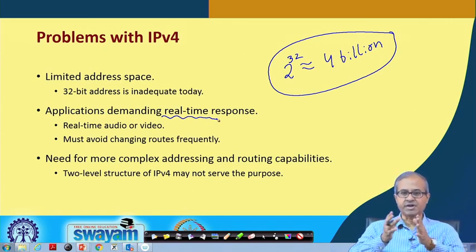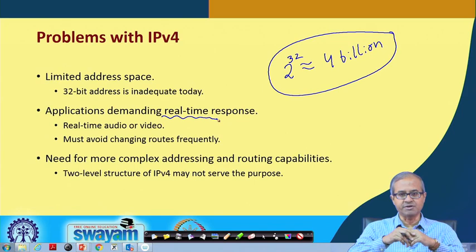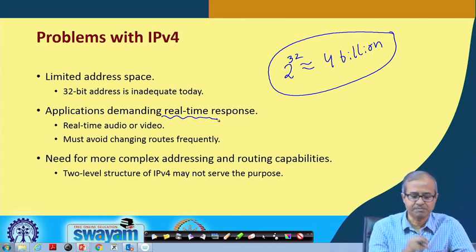That is not acceptable in terms of quality of service. There are such applications, increasing day by day, where you need real time response. Real time response means the delay that you encounter must be within some tolerable limit. What is that tolerable limit? It depends on the application, of course.